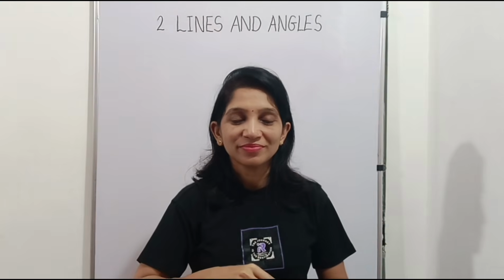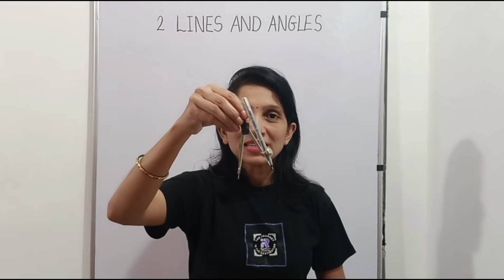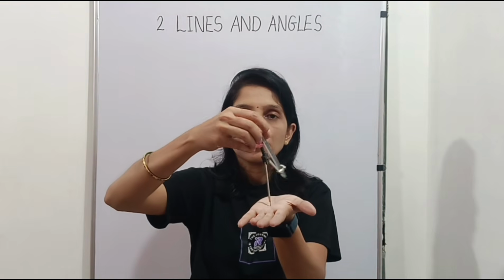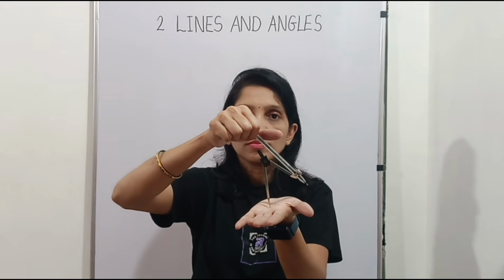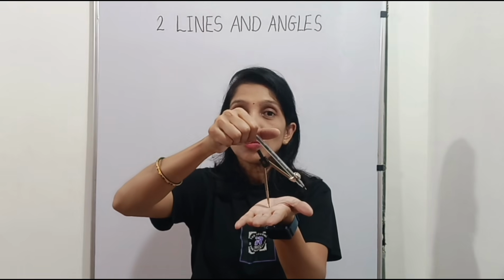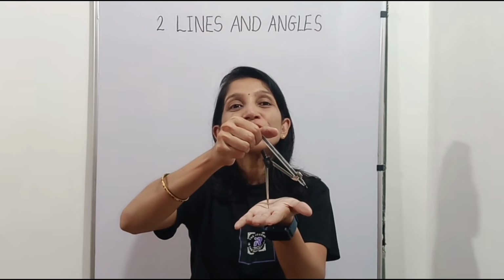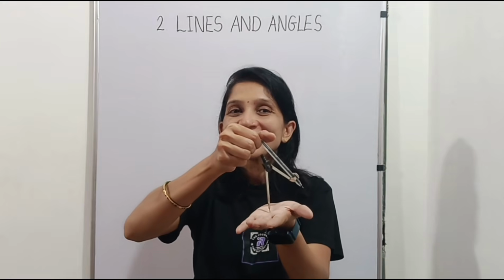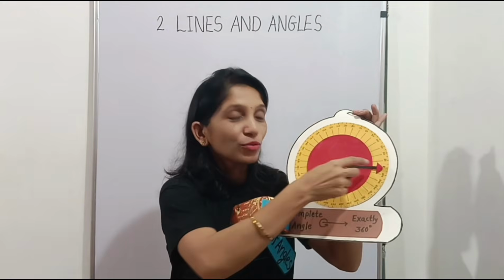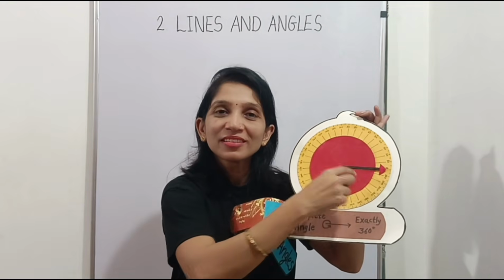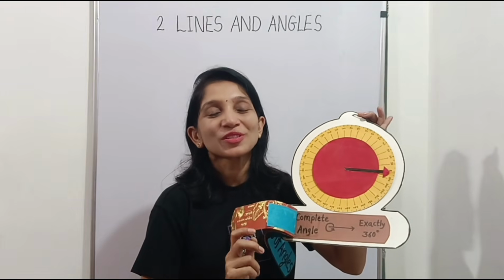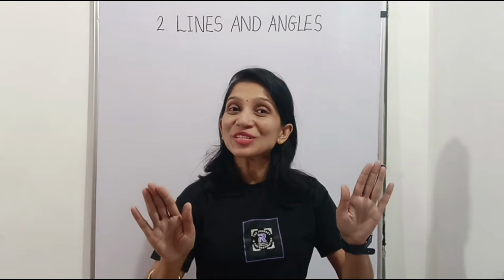Example, see my compass. Both arms have made one full round. That is a complete angle. Full round equals complete. Case closed. Case closed, detectives.